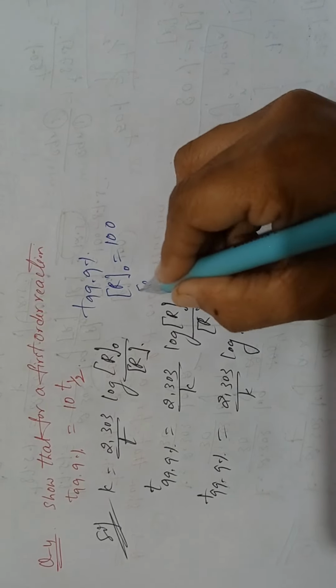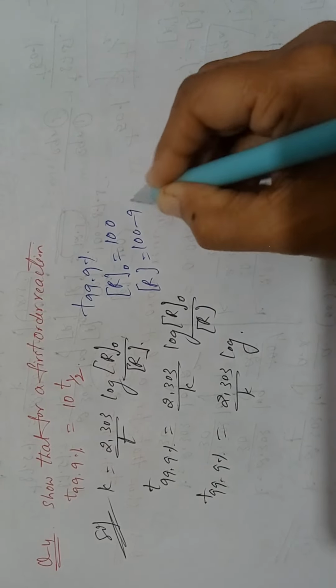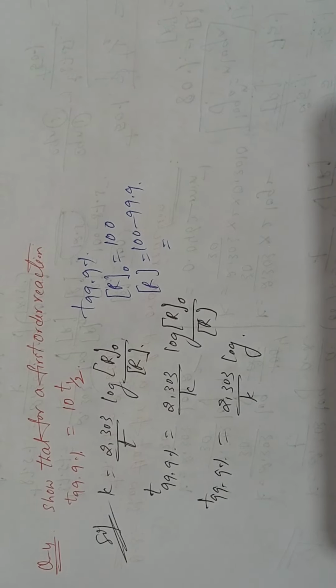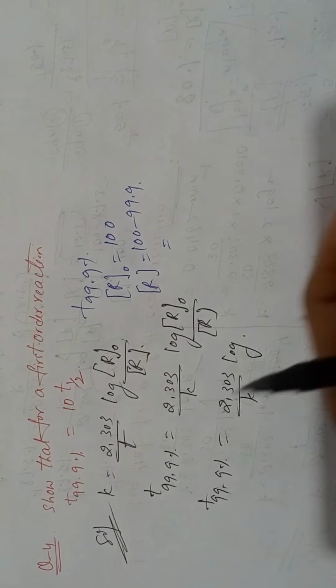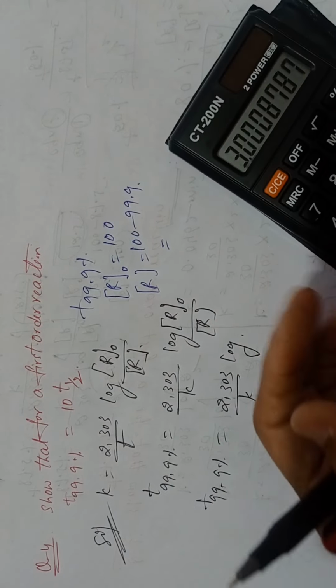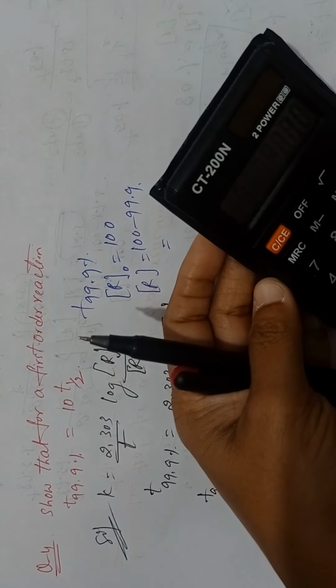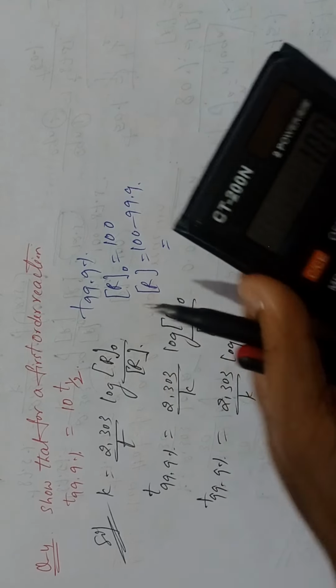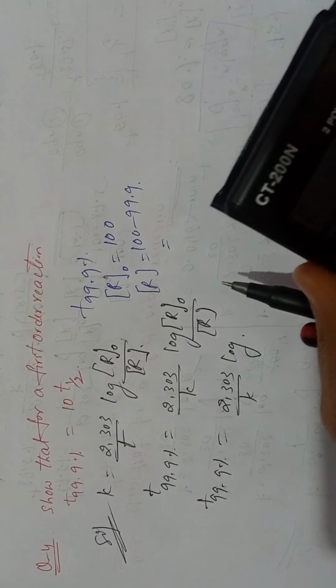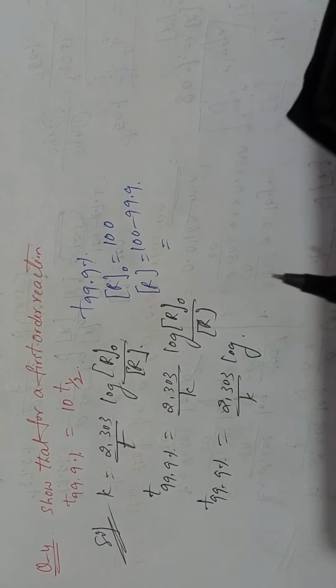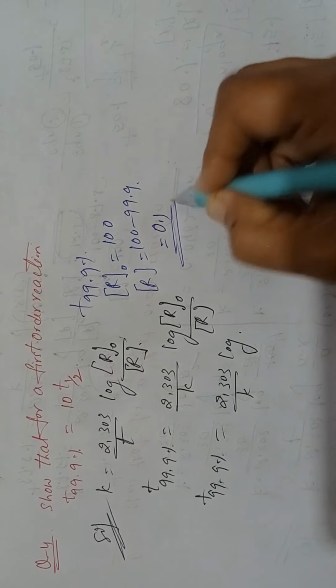So 100, R is equal to how much? 100 minus 99.9. How much you will get, students? 0.1. Correct? Once we'll check, students. 100 minus 99.9, 0.1, correct. So 0.1 you will get.